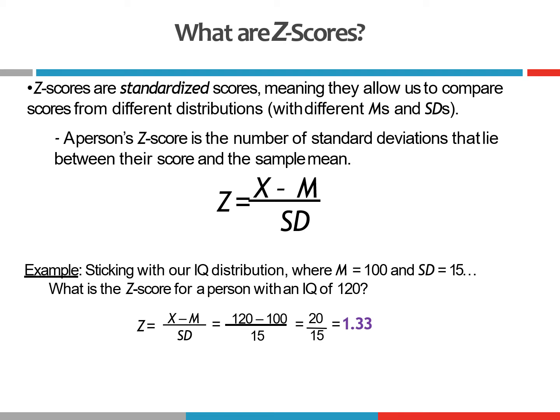And the number itself, the 1.33, tells us how many standard deviations above the mean that score is. So that score of 120 is above the mean because the z-score is positive, and it's 1.33 standard deviations above the mean.